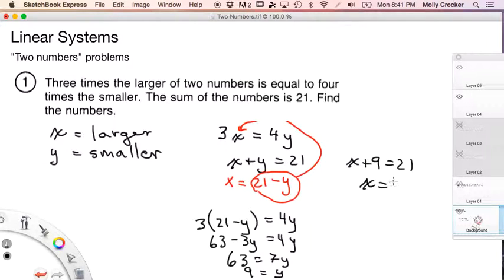So x is equal to 12. So our two numbers are 12 and 9. Now, because we really weren't told whether we should call them x or y, this order isn't as crucial. And I think in the answers column, you're just looking for 12 and 9. That is a pair, and they're not listed in parentheses or anything.